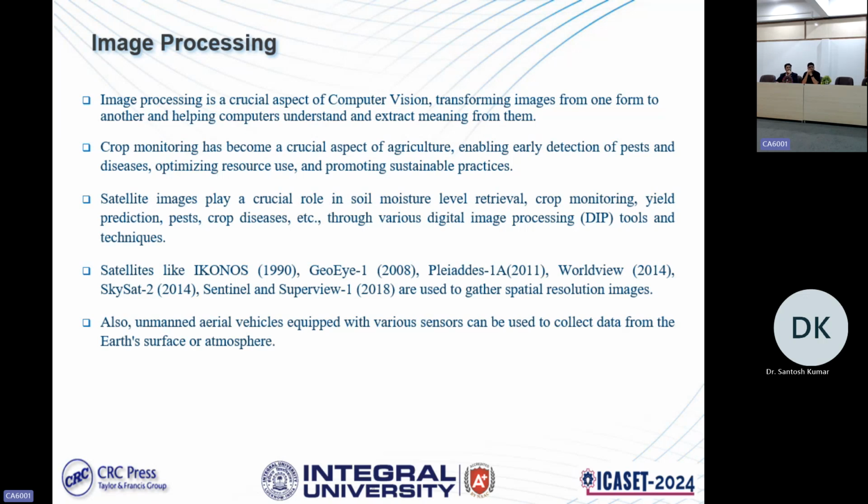These images cover a vast area and a large number of data sets can be extracted from them. These images help in crop monitoring, yield prediction, pest control, and crop diseases, and various tools and techniques have been provided by using such techniques. These techniques help in a crucial aspect of agriculture, enabling early detection of pests and diseases, optimizing resource use and promoting sustainable practices.